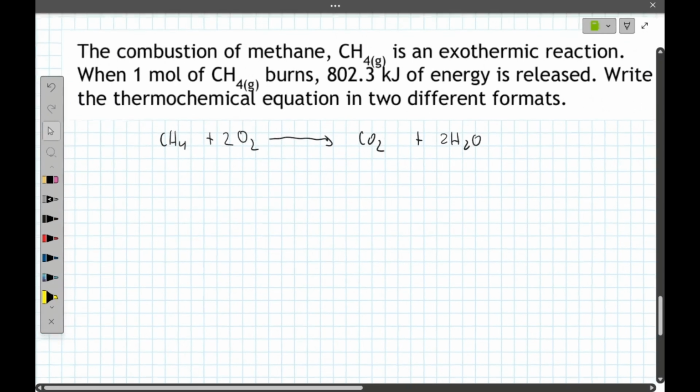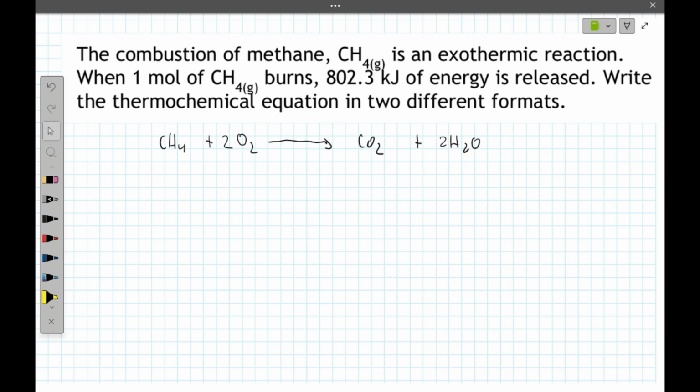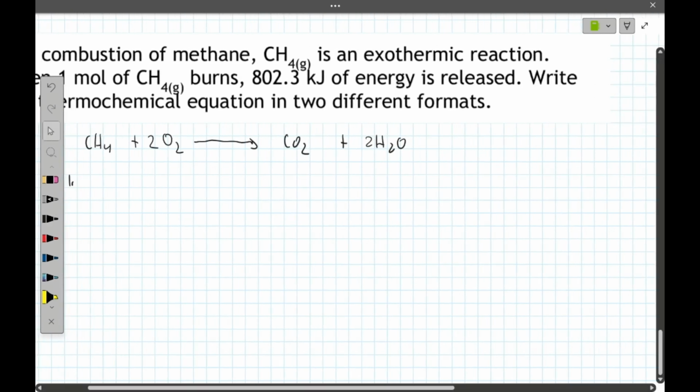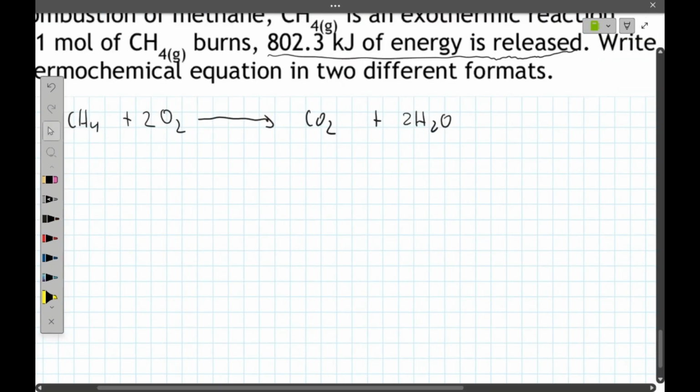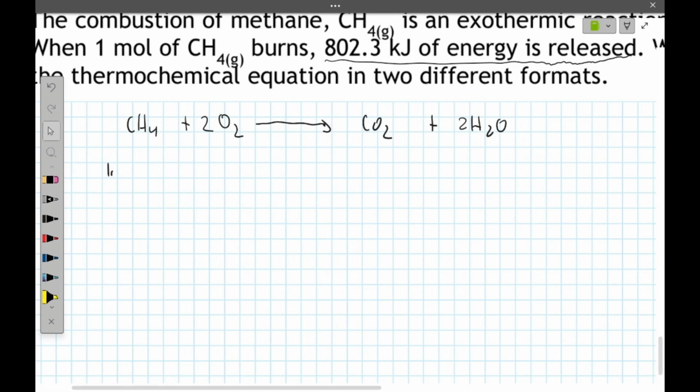Okay, so now that we have the balanced chemical formula, we need to write it in two different ways. So the first way we can write this is by adding the energy into the equation. So here it says 802.3 kilojoules of energy is released. So when it says released, that means it's an exothermic reaction, because energy is released, heat is going to the surroundings.